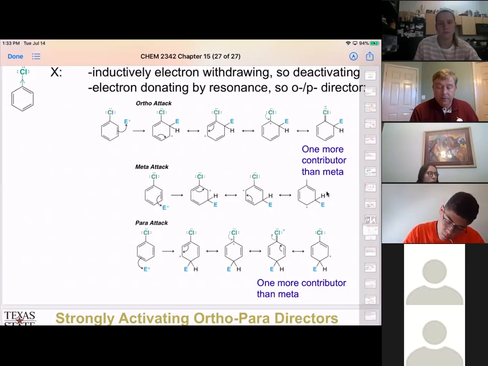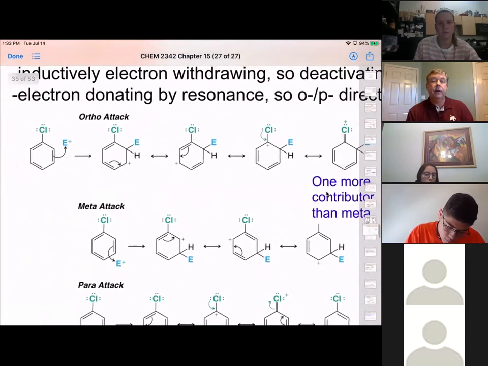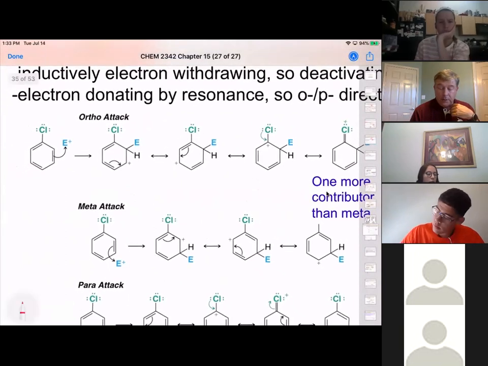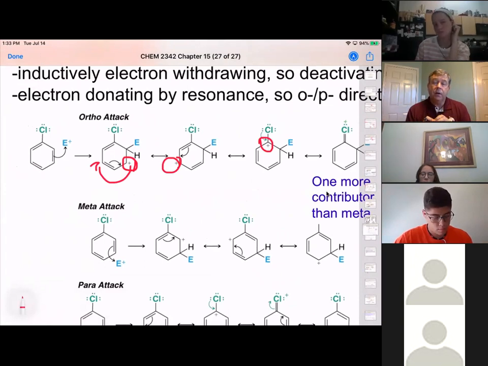Okay, so if we look at the first attack in an ortho right here, that's the one next to it here, we're going to get our positive charge form on that adjacent carbon, and then by resonance we'll move it over one position, over two positions, and by resonance we can move it over here. Okay, so we have a partially positive charge next to an electronegative atom. Okay, you're thinking, oh, wait a minute, inductively it does not want to be there.